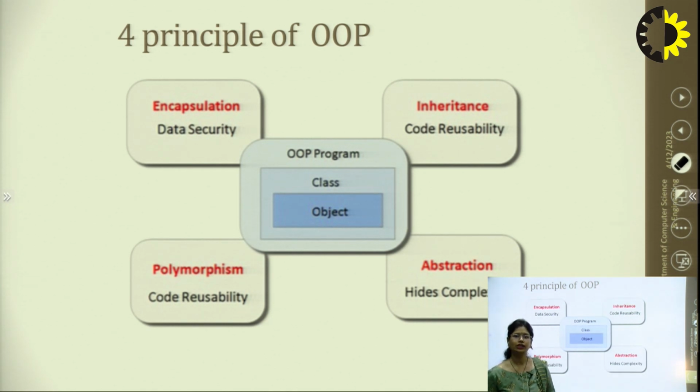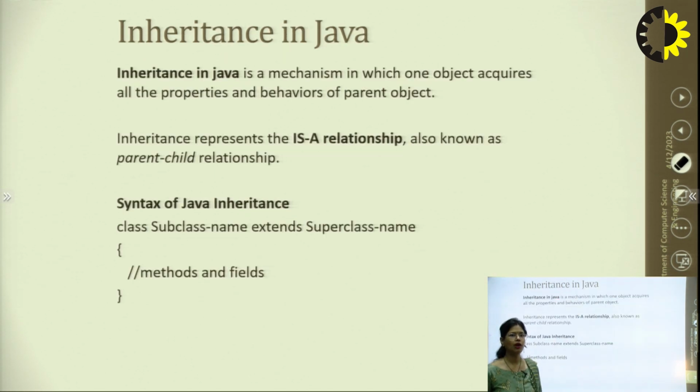Now let's come to the topic, inheritance. Inheritance is known for code reusability: the code is written once and we can use it again and again. Inheritance is a mechanism in which one object acquires all the properties and behavior of a parent object.